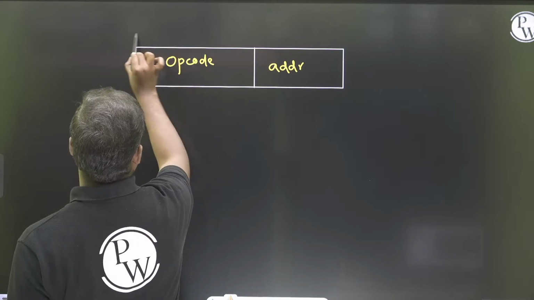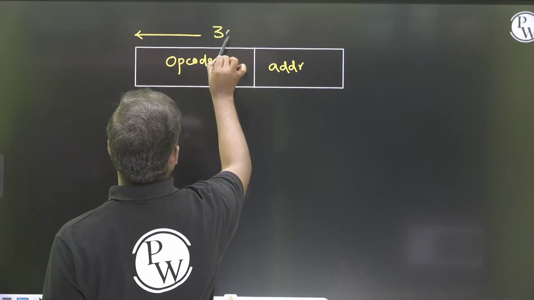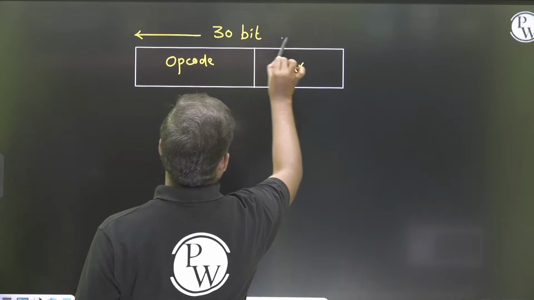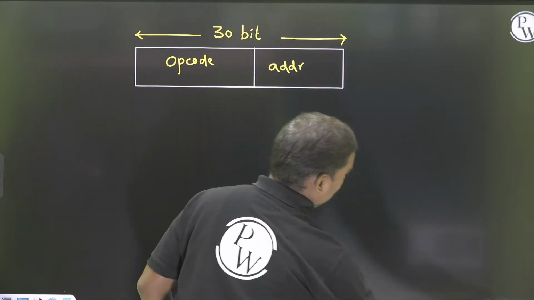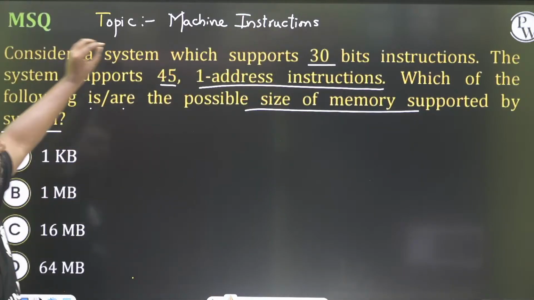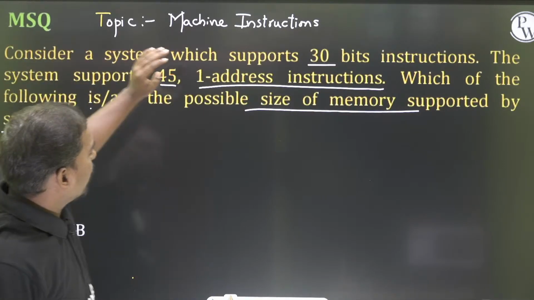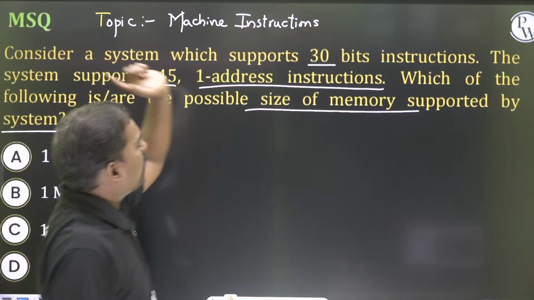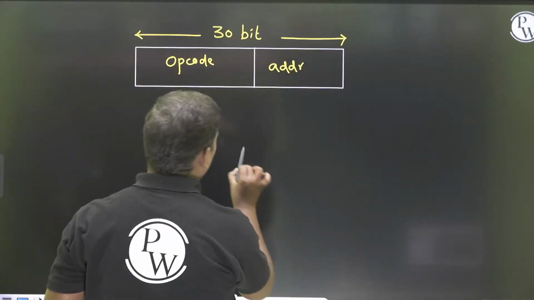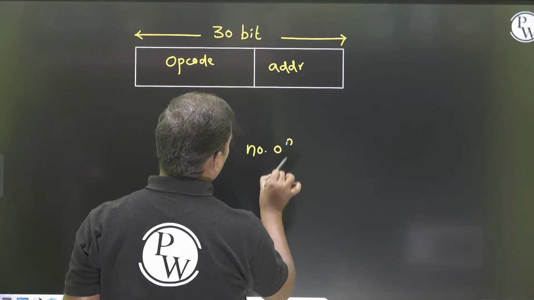So what is the size? He has given 30 bits as the instruction size. The system supports 45 one-address instructions, so the number of instructions is given.